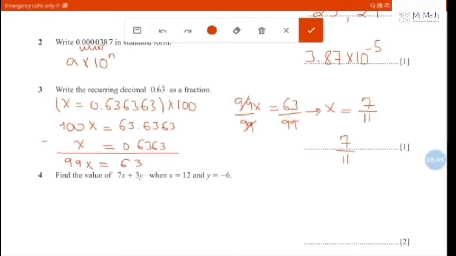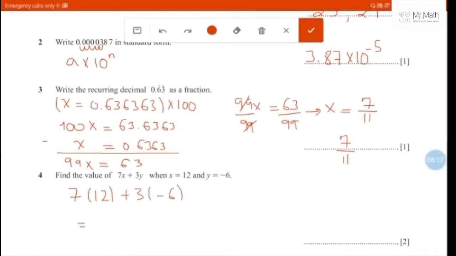Now in question 4, I have to find the value of 7x plus 3y when x is 12 and y is negative 6. So simply I have to substitute x equals 12 and y equals negative 6 into the expression 7x plus 3y. So 7x is 7 times 12 plus 3 times y, which is negative 6.